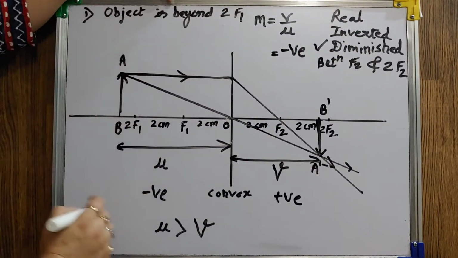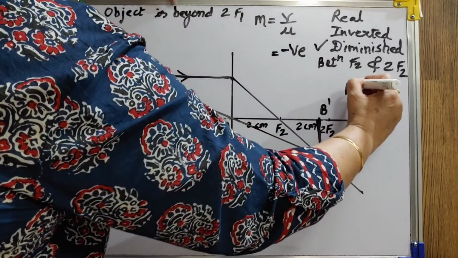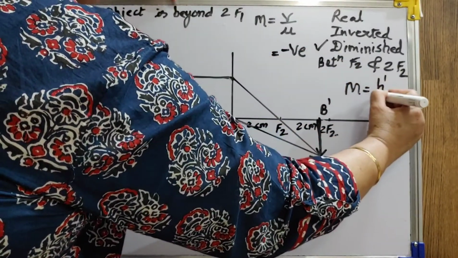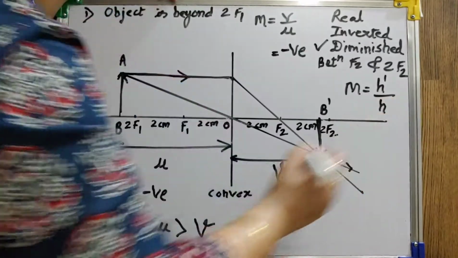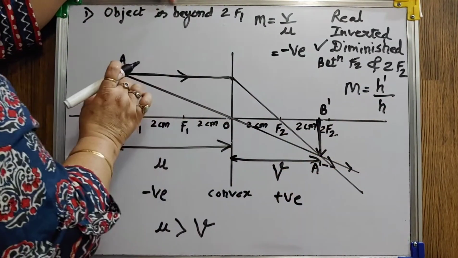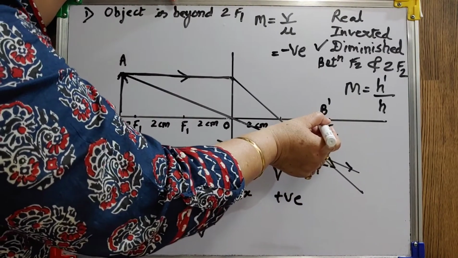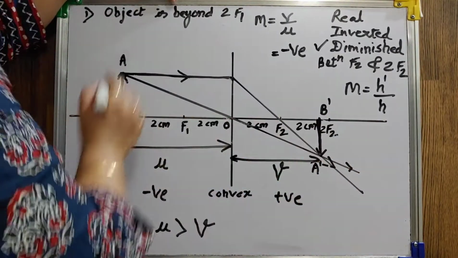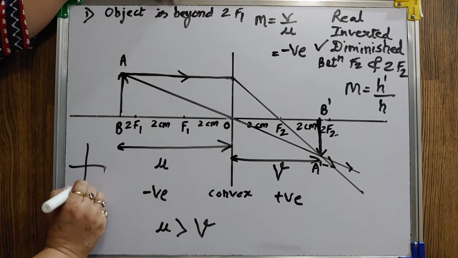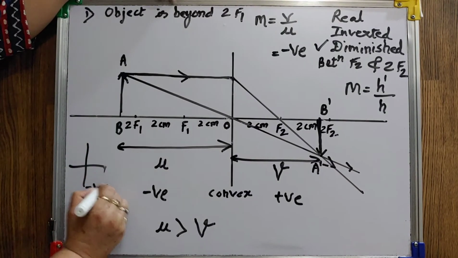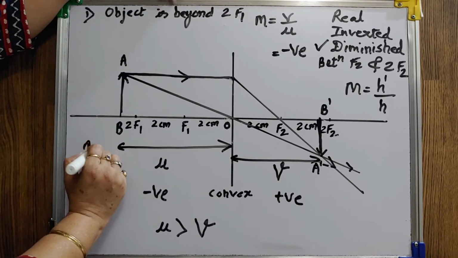The other ratio of magnification is H dash by H, where H dash indicates the height of the image and H indicates the height of object. Now in this case also, this is negative because this is below. You are doing the graphical part. This side it is negative, downward is negative and upward it is positive.